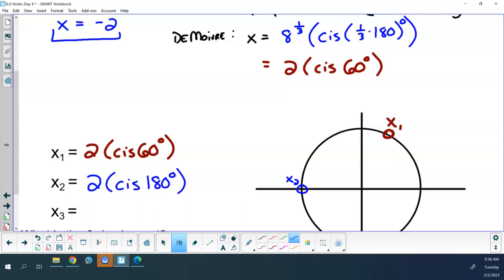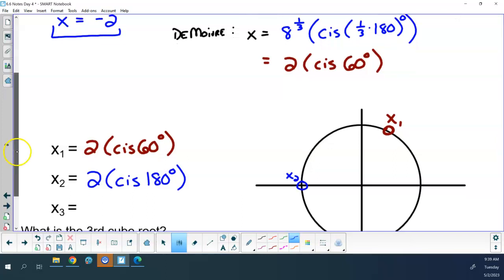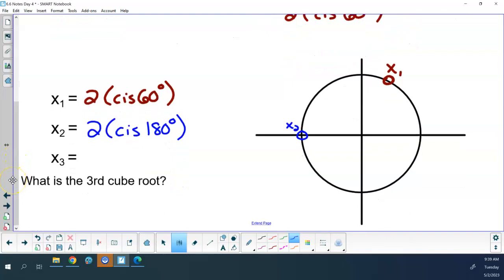Do you agree with me on that? Okay, so there's 2 of the 3. How do you think we can find the third one? No, because in trig form, the r is always positive, and then the cosine of 180 would give you the negative 1.